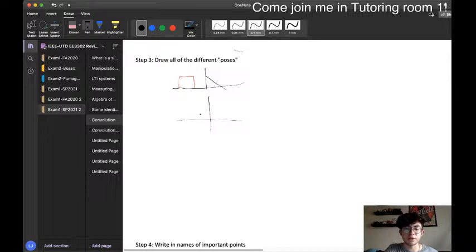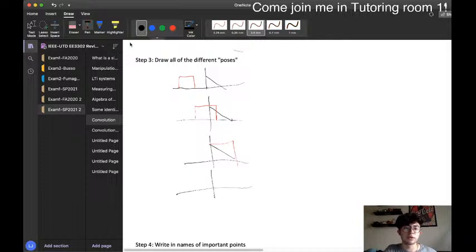And then here's the second one, where the left of the static signal is slightly overlapping. And then we're going to draw the case where it's completely overlapping. Draw my ramp and box.